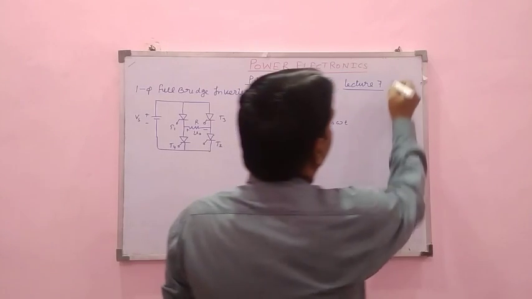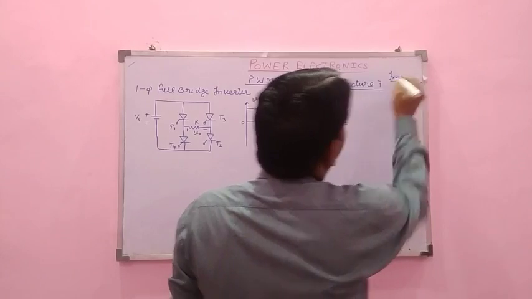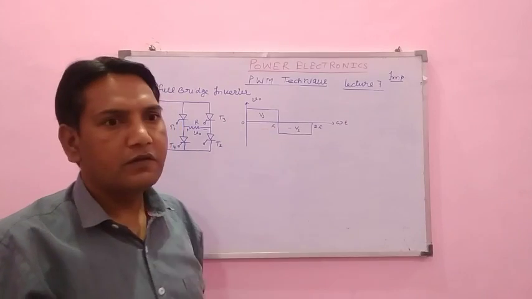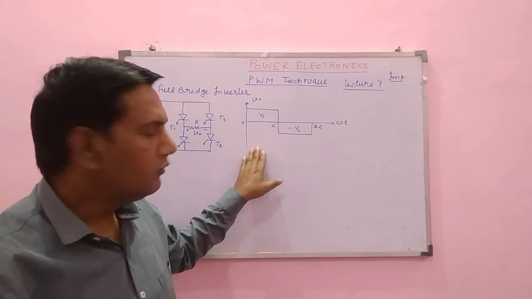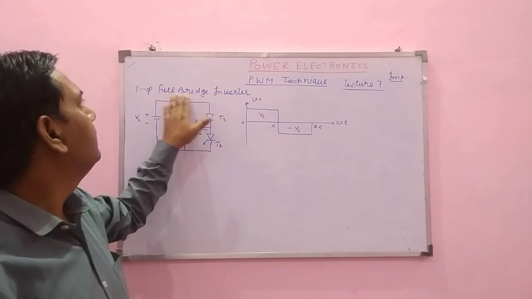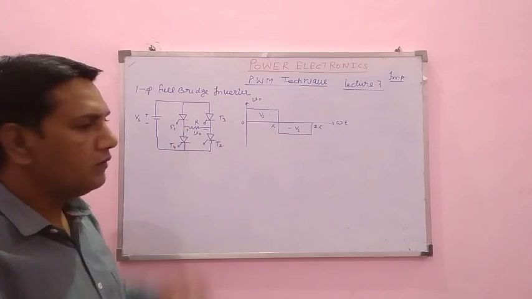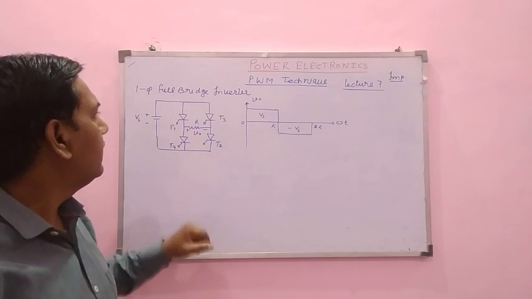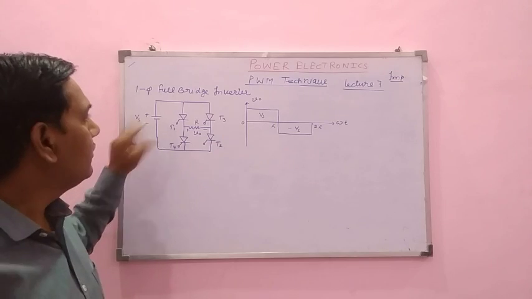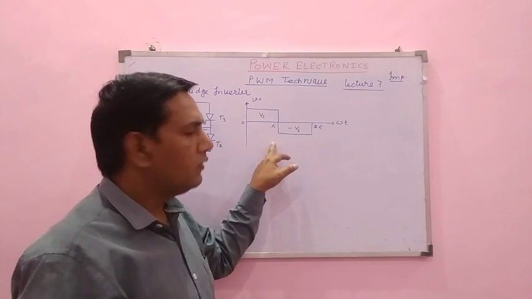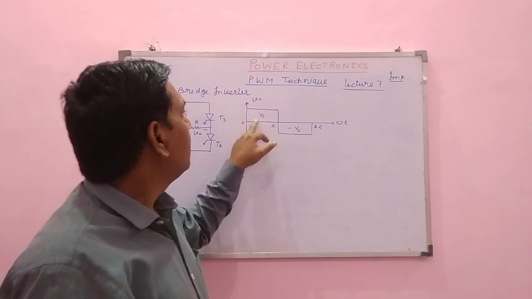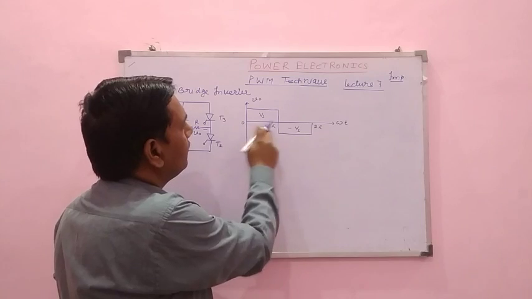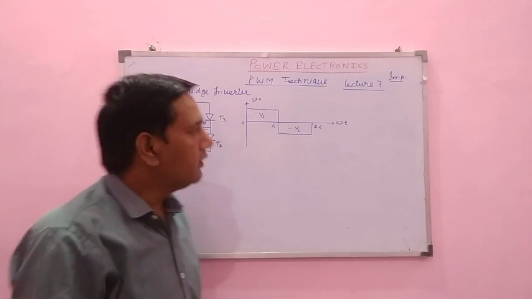This lecture is important, in which we will discuss how to control the output voltage of a single phase inverter. For example, we have considered a full bridge inverter with resistive load, and this is the circuit diagram. You can see the switches connected across a DC voltage Vs, and the output voltage waveform is a rectangular wave having Vs voltage from 0 to pi and minus Vs voltage from pi to 2 pi.